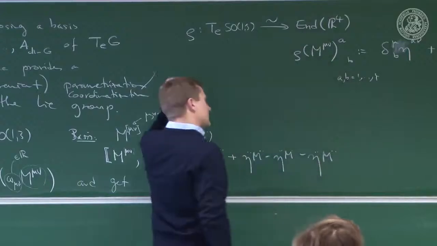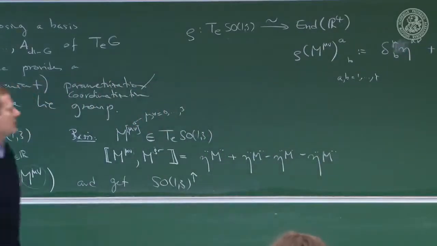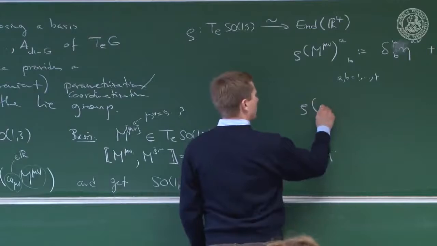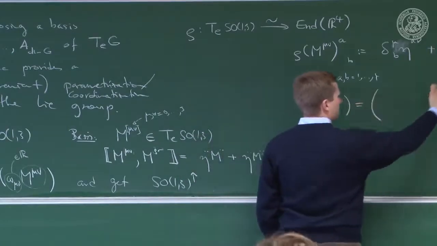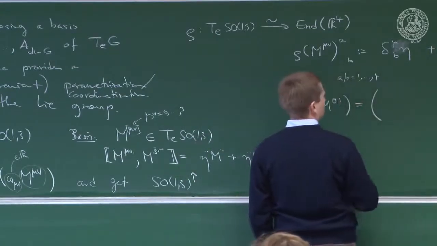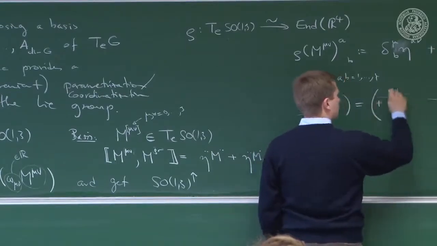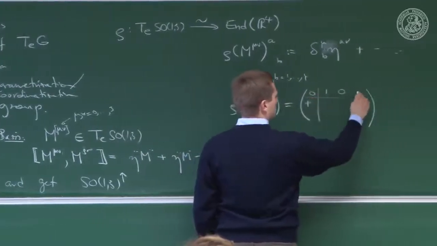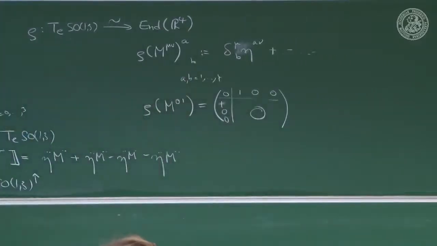This is the vector representation there, and so on. Okay, so for instance, the representation of M01, I think that's something like a boost in one direction that looks like this. Something of the type, and so on.